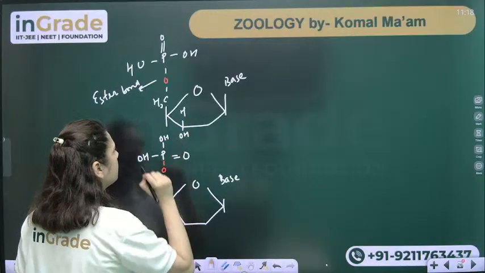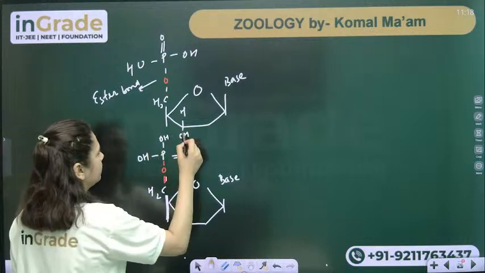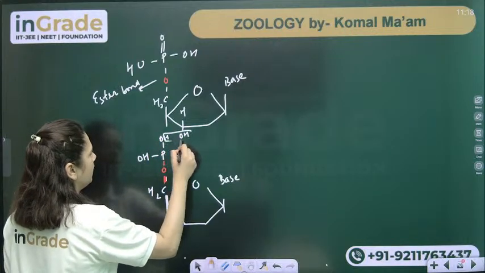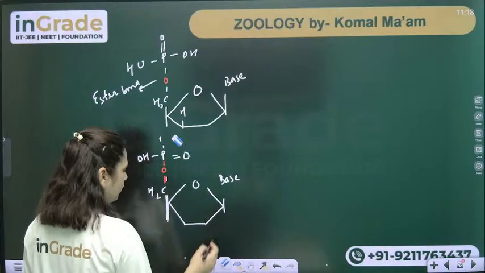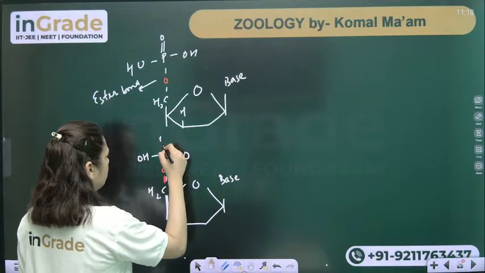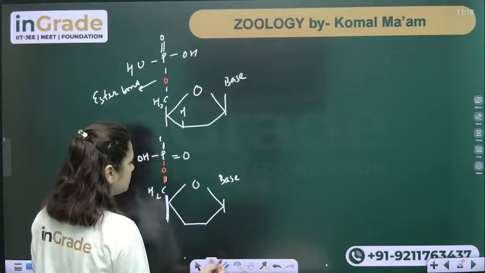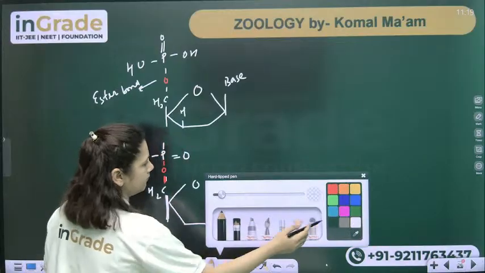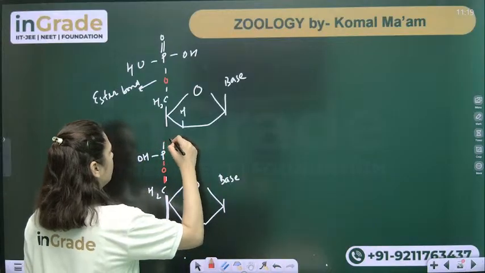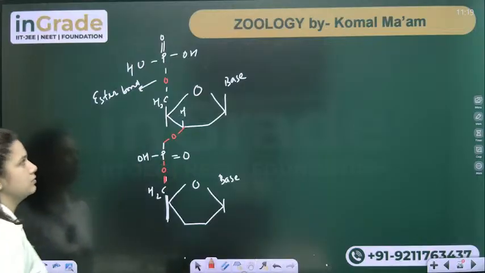So this water molecule will get eliminated here, and here it will form an ester bond.